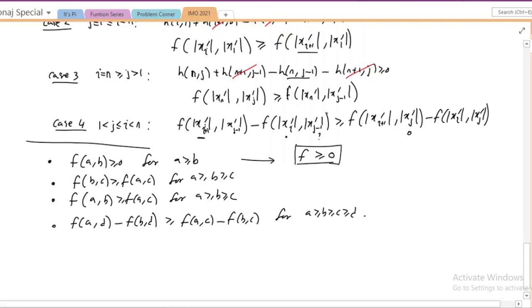If you assume the second coordinate is constant, then this simply means that the function is decreasing, because we have a greater than or equal to b, but we have f of b first. So if we take the derivative with respect to the first coordinate, with the second fixed, that is f_x, the partial derivative with respect to x, then this will be negative because it's decreasing.